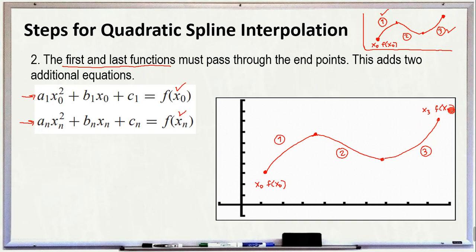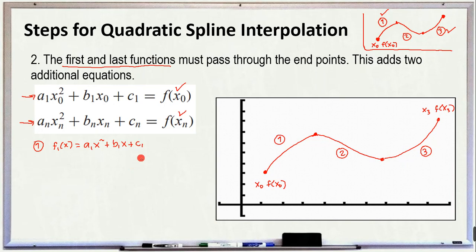So the first function must equal, with its x being x naught, its y being f of x naught. Remember in our first equation, f1 of x is equal to a sub 1 x squared plus b sub 1 x plus c sub 1.